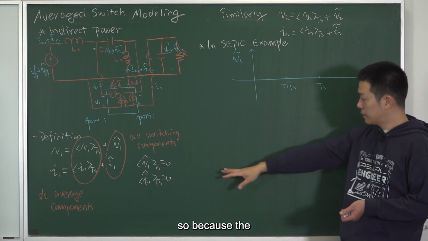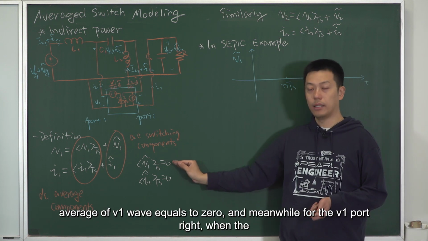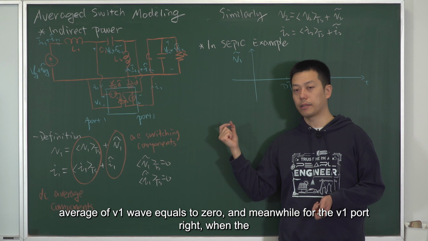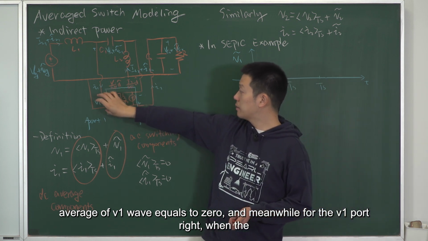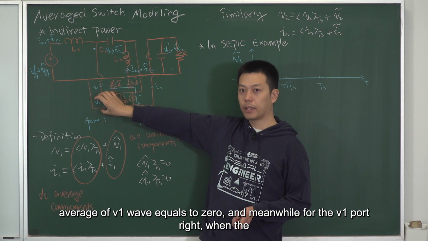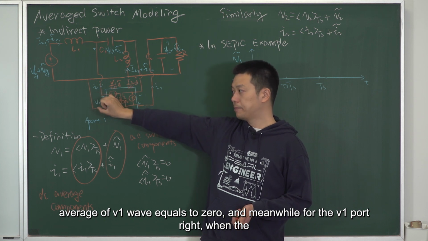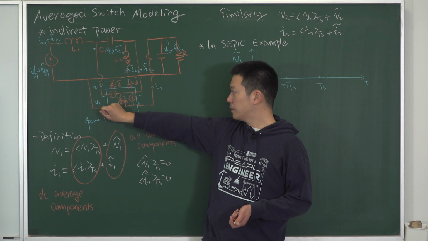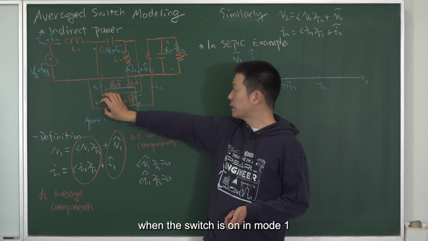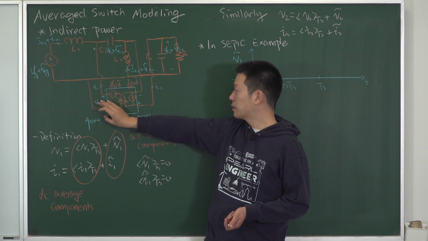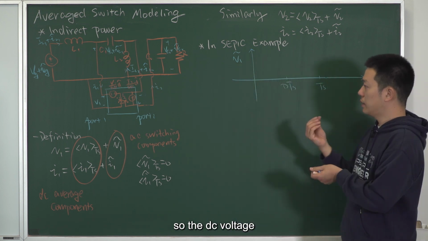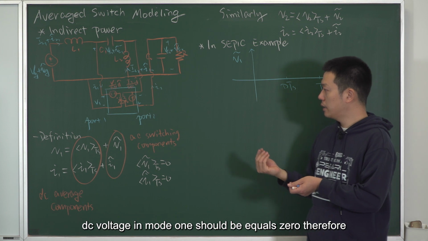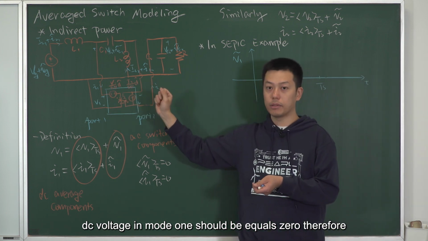So because the average of V1 wave equals to 0, and meanwhile, for the V1 port, right, when the switch is on in mode 1, the DC voltage in mode 1 should be equal to 0.